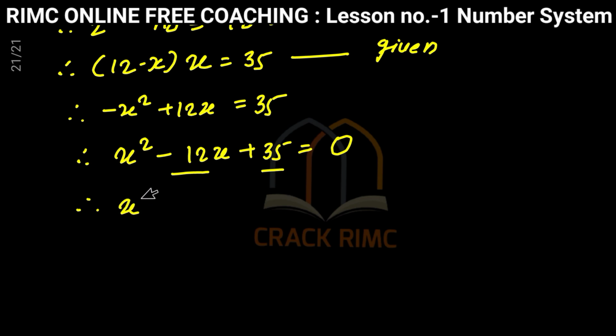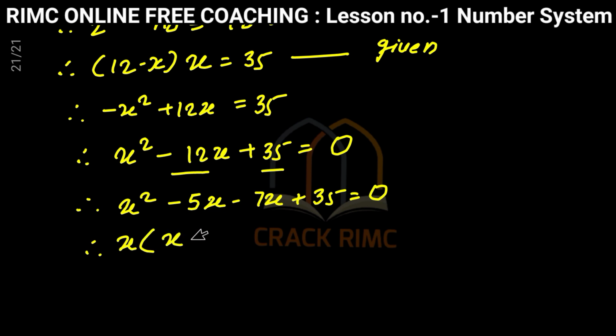Therefore x square minus 5x minus 7x plus 35 is equal to 0. Therefore x is common, remaining will be x minus 5, and here 7 will be common, in bracket x minus 5 is equal to 0.